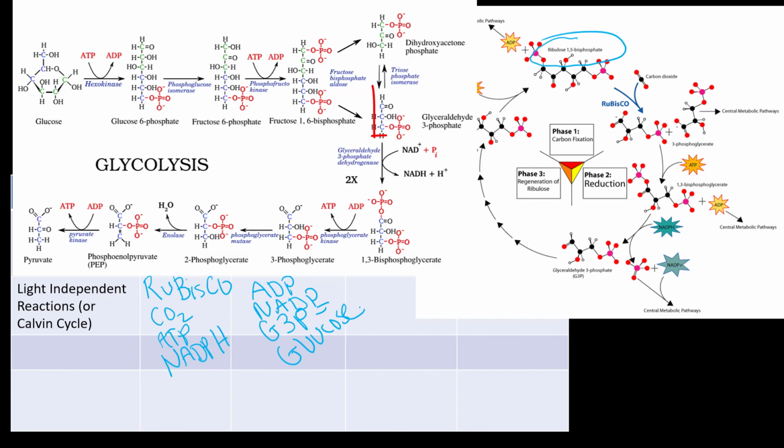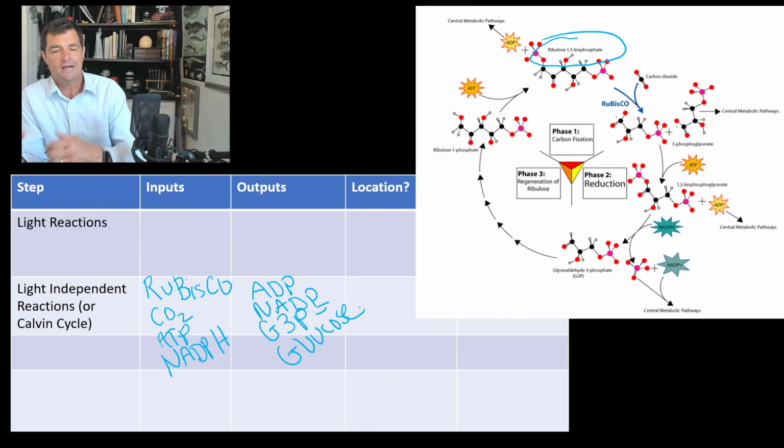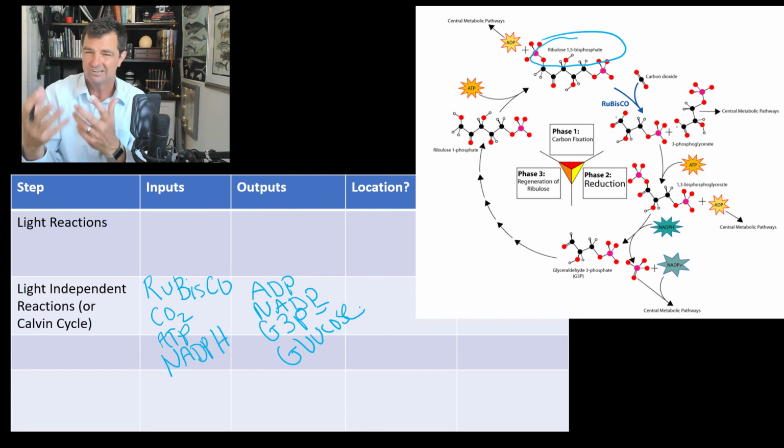And so since G3P can easily be moved back into glucose, and to keep the equation sort of nice so you can see it, it's kind of nice to put both of those, G3P equals glucose, even though they're not exactly the same thing. They're very, very close, and it just gives you a good sense that what we're doing in the dark reactions, the output that is significant there, the main thing we're trying to do is produce glucose. And again, that's because plants then use that to run cell respiration to generate ATP.